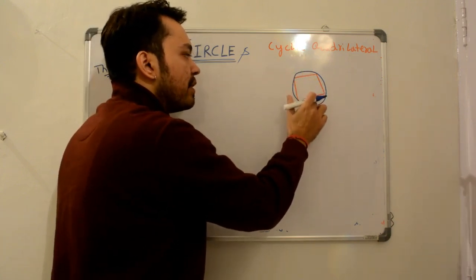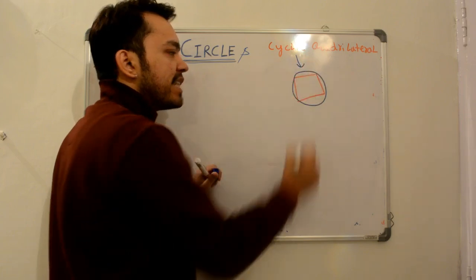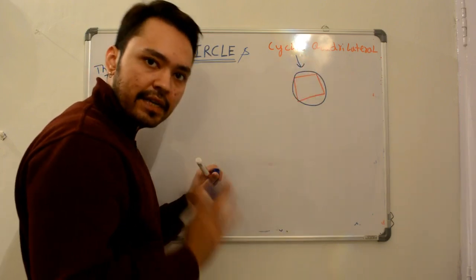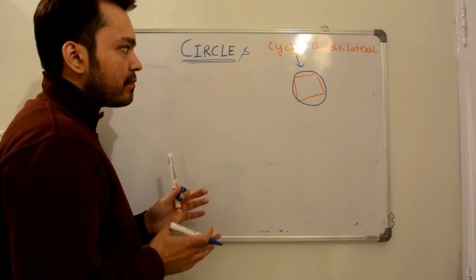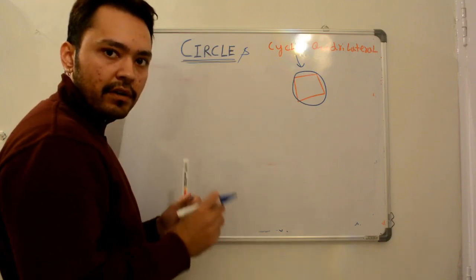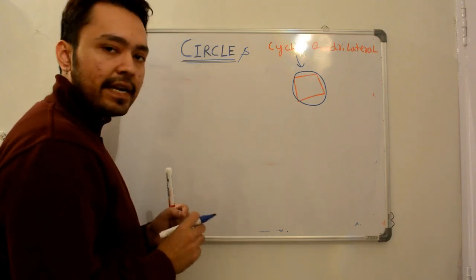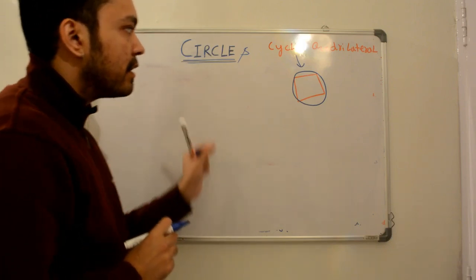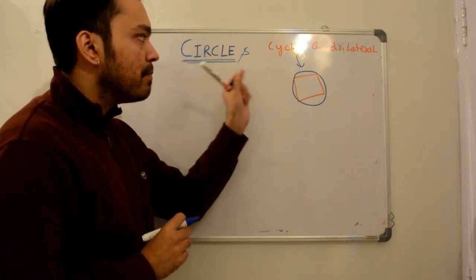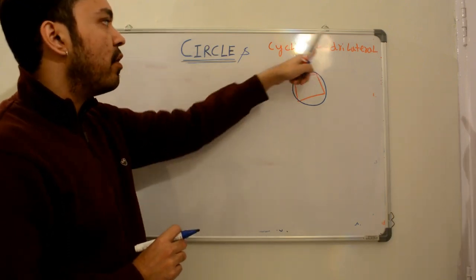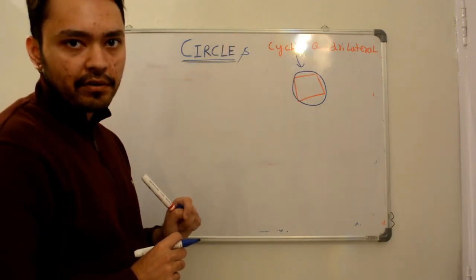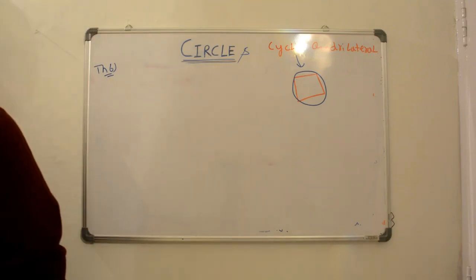Then this quadrilateral will be known as what? Cyclic quadrilateral, right? So in simpler terms, if we draw a quadrilateral inside a circle, right, in such a way that all the vertices of that quadrilateral touch the boundary or the circumference of the circle, then that quadrilateral is called as a cyclic quadrilateral, right? I hope it is clear to you.